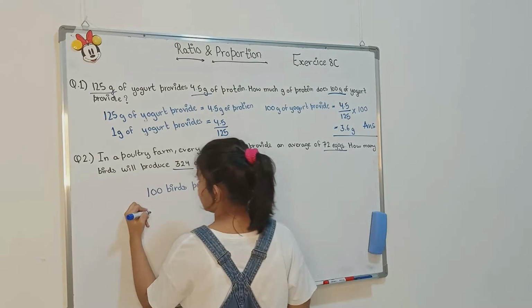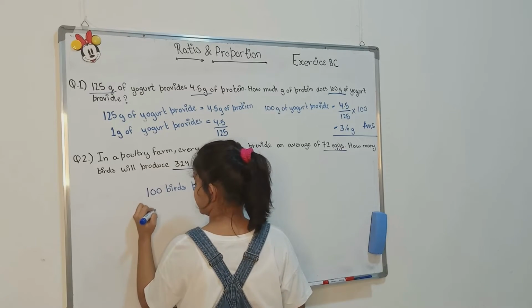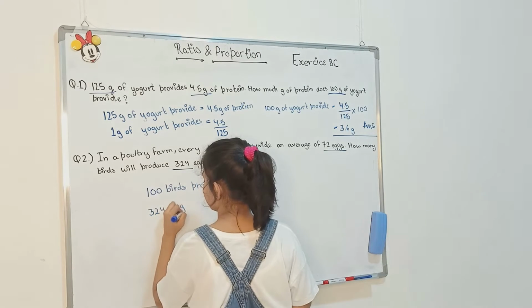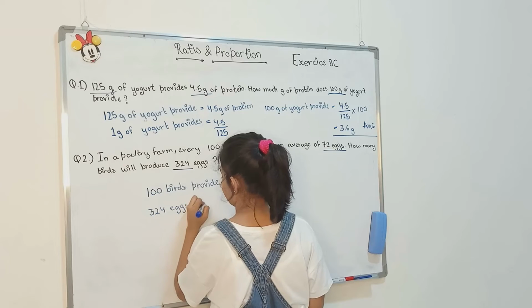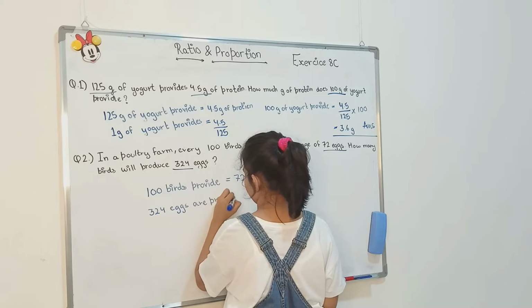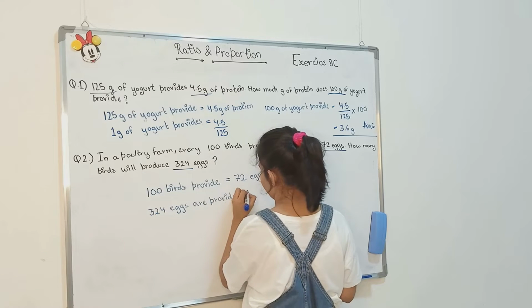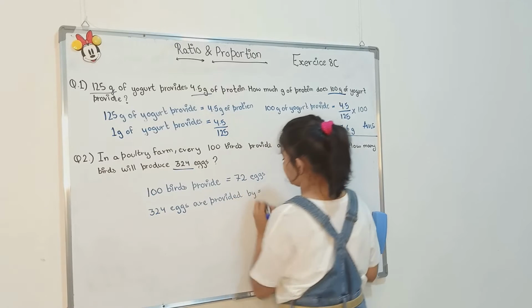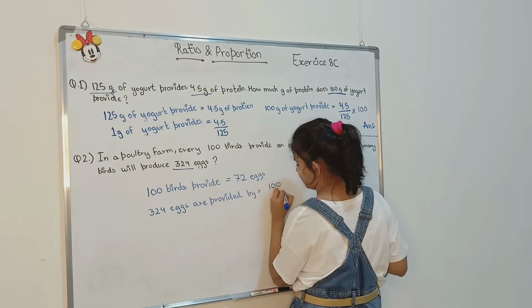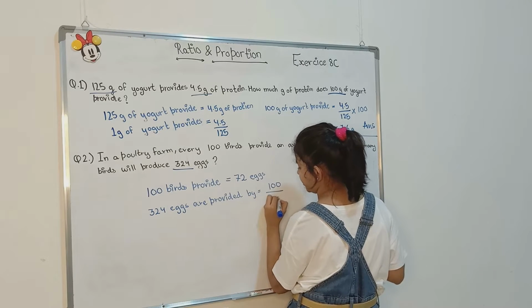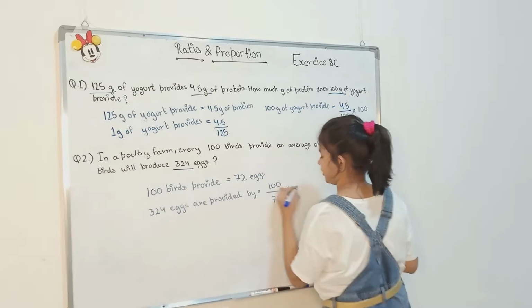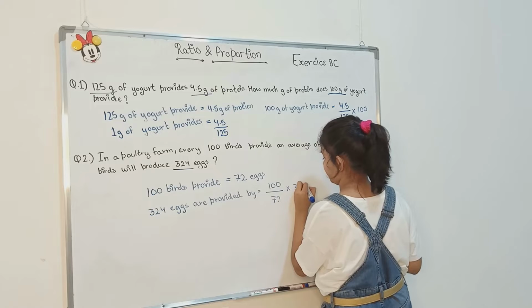Now, 324 eggs are provided by is equal to, now 100 divided by 72 into 324 eggs.